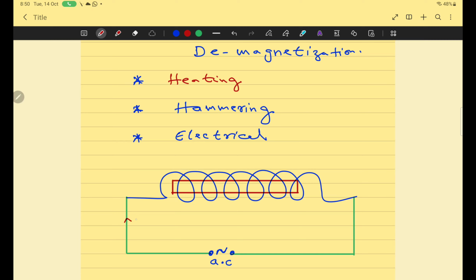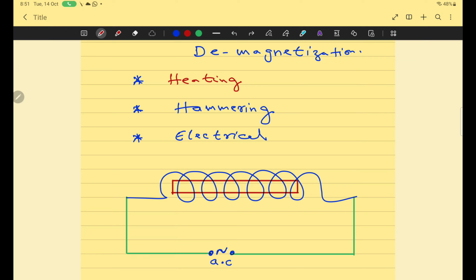Remember, current is not passing through the magnet, current is passing through the coil. If the current is AC, you know AC current changes direction. So I cannot draw the arrows of current, so I have removed my arrows because AC keeps on reversing direction.